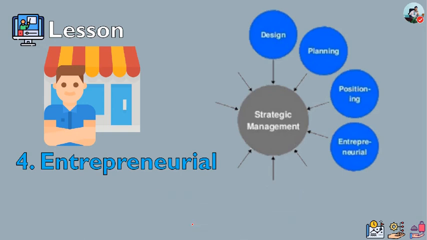Mintzberg and his colleagues describe this school as both deliberate and emergent, thereby emphasizing the leader's experience while at the same time being adapted to the changing environment of the business.